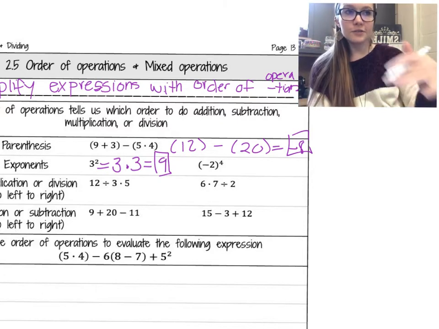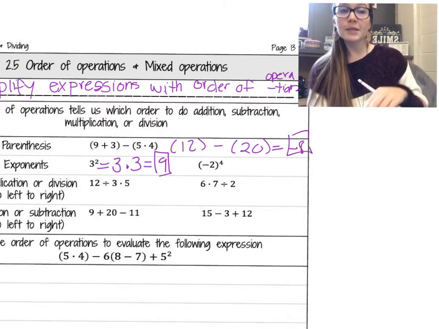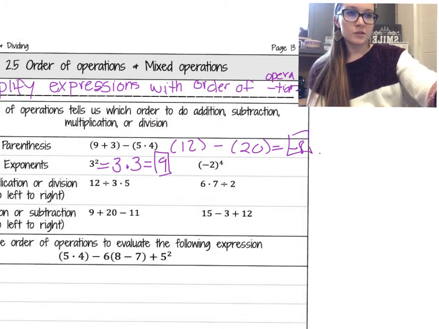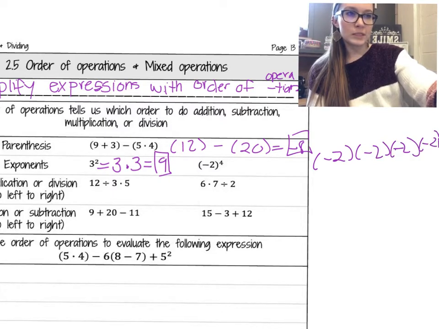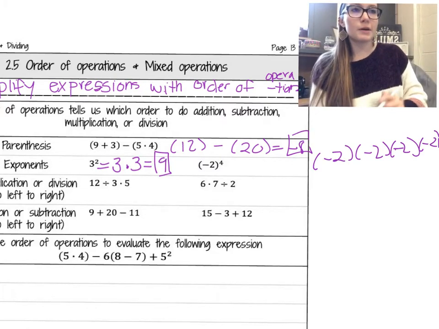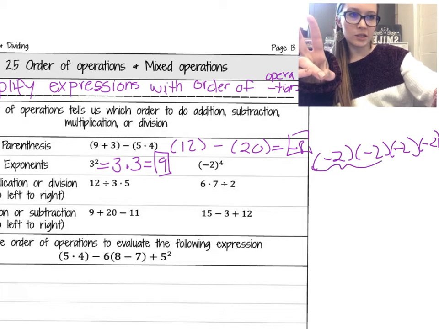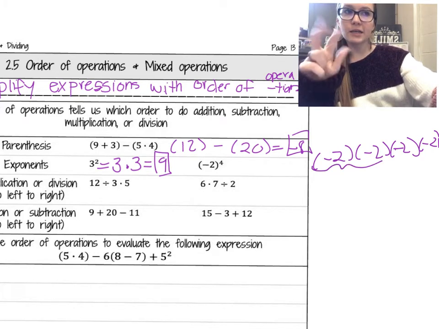So then negative 2 to the fourth. That means I'm going to take negative 2 times itself 4 times. So this is negative 2 times negative 2 times negative 2 times negative 2. Okay? So I'm just going to start with 2 of them. Negative 2 times negative 2, a negative times a negative. They have the same sign, so it's going to be positive.